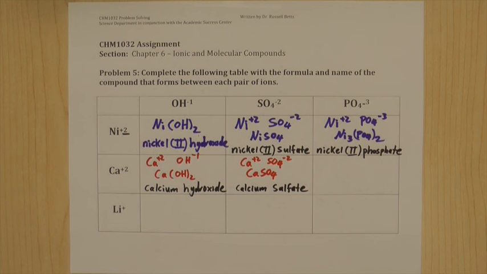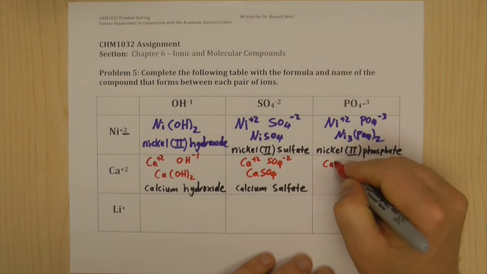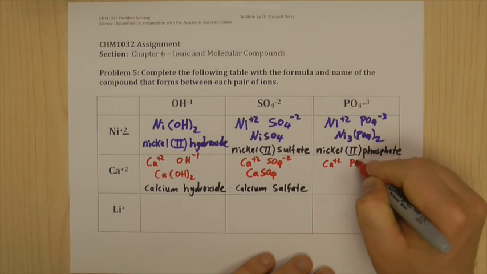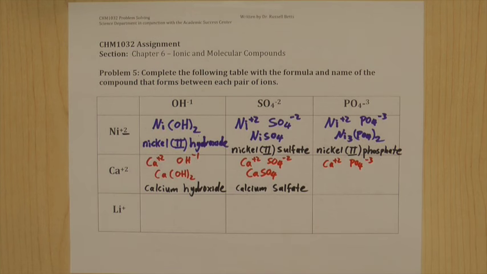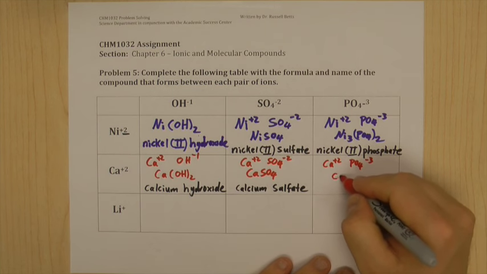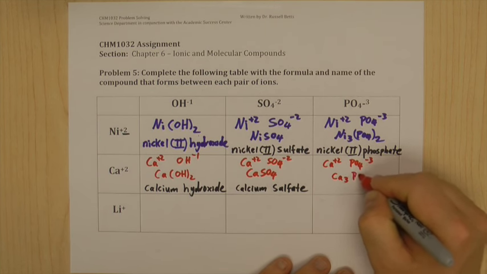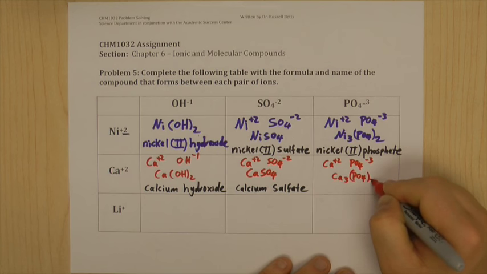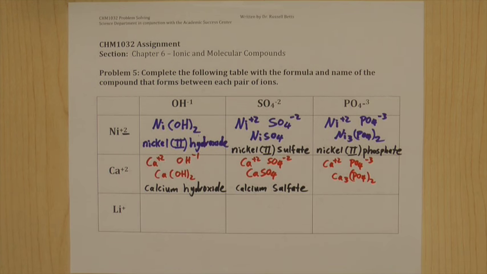All right, moving right along. So we have calcium plus 2 and PO4 negative 3. So that formula will be Ca3(PO4)2. Again, any formula that gives you trepidation or makes you feel sick, or you can't figure out how the heck did I get that, pause the video, call a tutor, somehow get help.